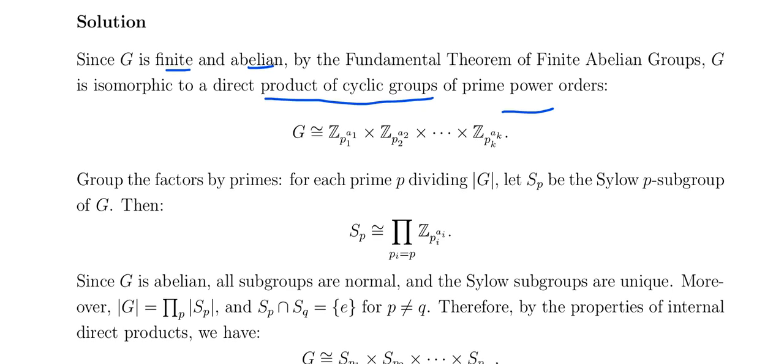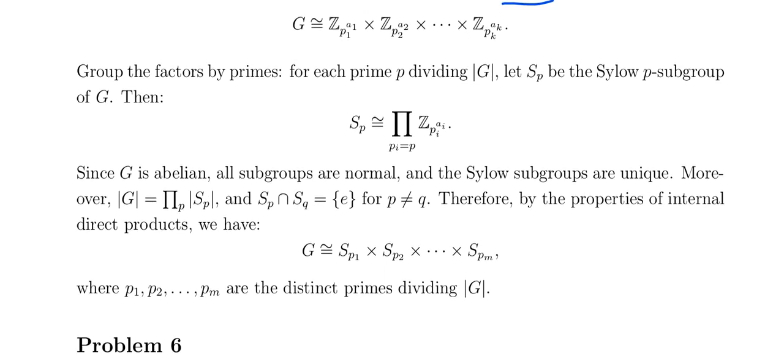So for each prime p dividing the order of G, if Sp is the Sylow p-subgroup of G, then Sp is isomorphic to the product of the Z_{pi^ai}. Since G is abelian, all subgroups are normal. Therefore Sylow subgroups are unique.